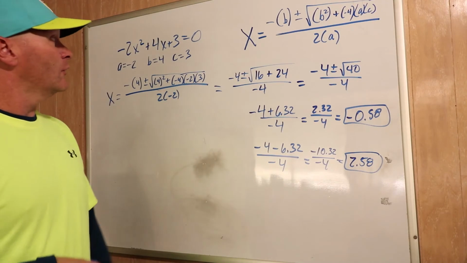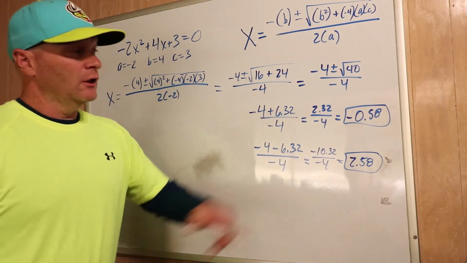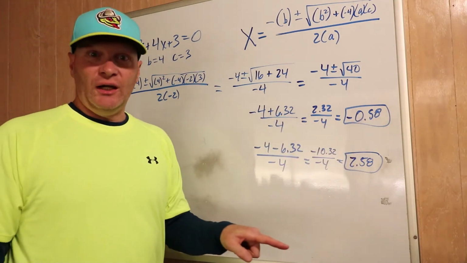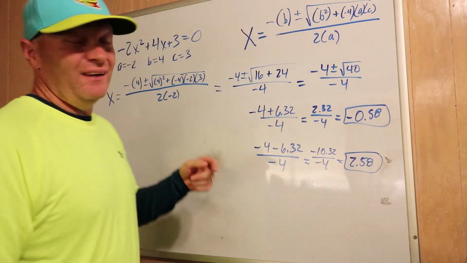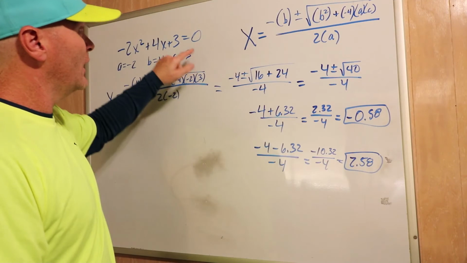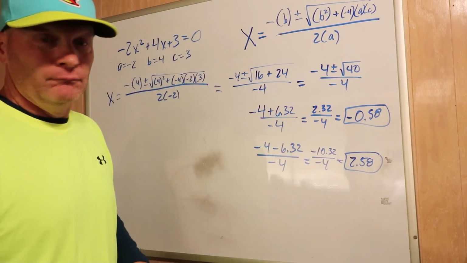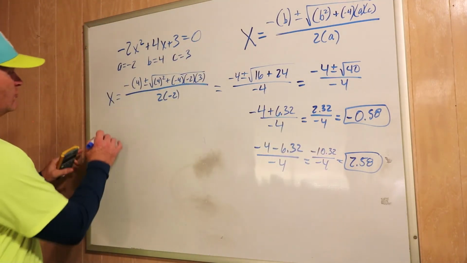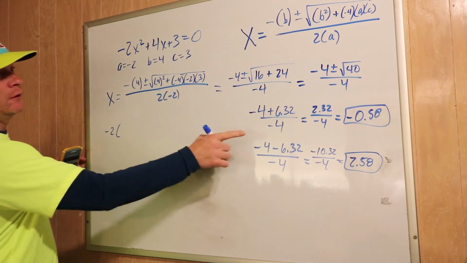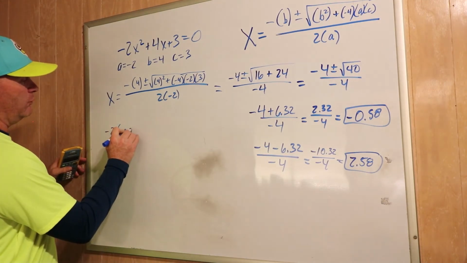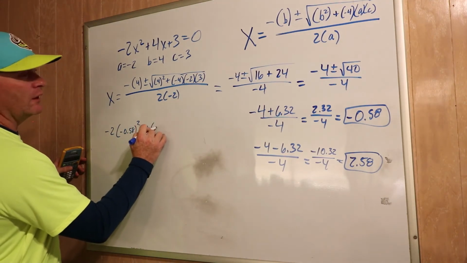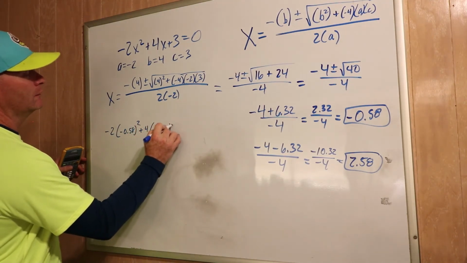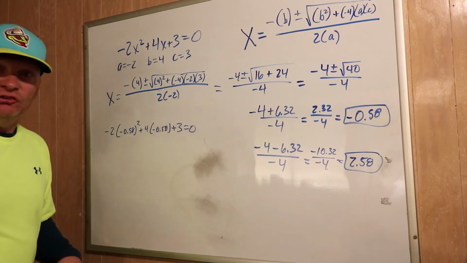We need to check those, okay? These ones are tricky to check for a couple reasons. One, they're weird decimals. Two, since these are estimates, the answer is not going to be exactly right. But I'm going to put them in for x and see what we get. So negative 2 times negative 0.58 squared plus 4 times negative 0.58 plus 3, and that should equal 0.